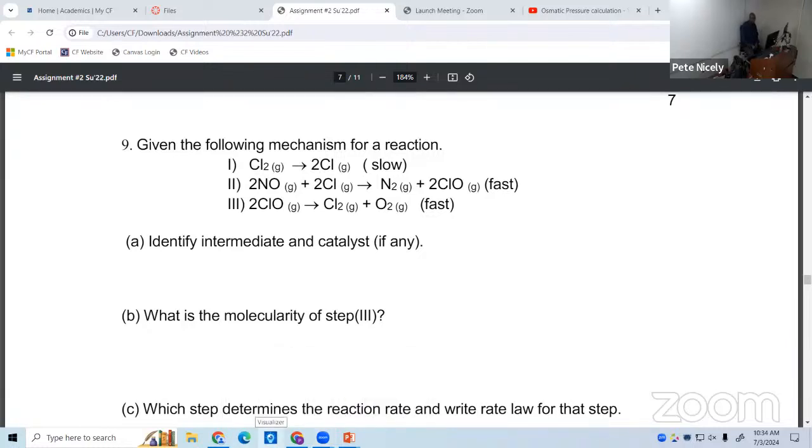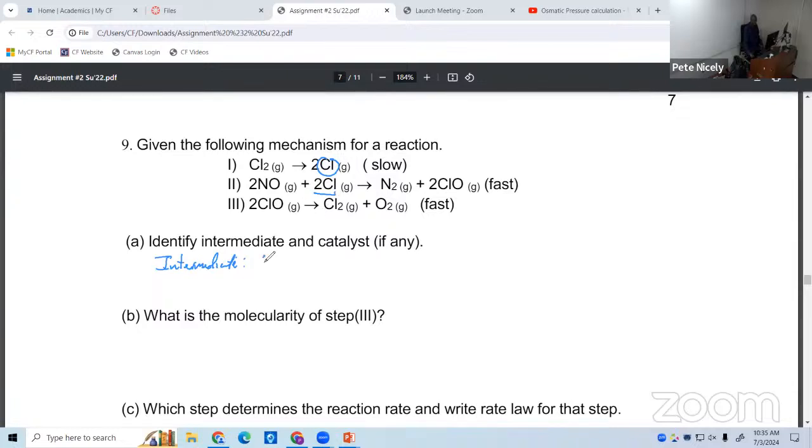So based on those definitions, right? In terms of intermediate, write this down here. Okay, so in terms of intermediate, I would say that the chlorine atoms produced here is an intermediate because it's produced in the first step and then used up in the second step, right?